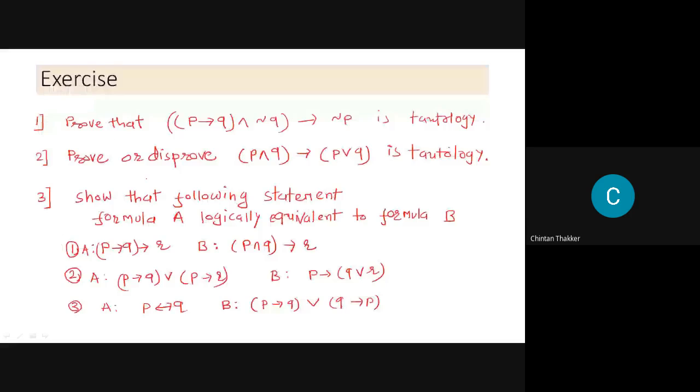Then we have the exercise here. So here you have to prove the first one. It is a tautology. So make the table of two statements.